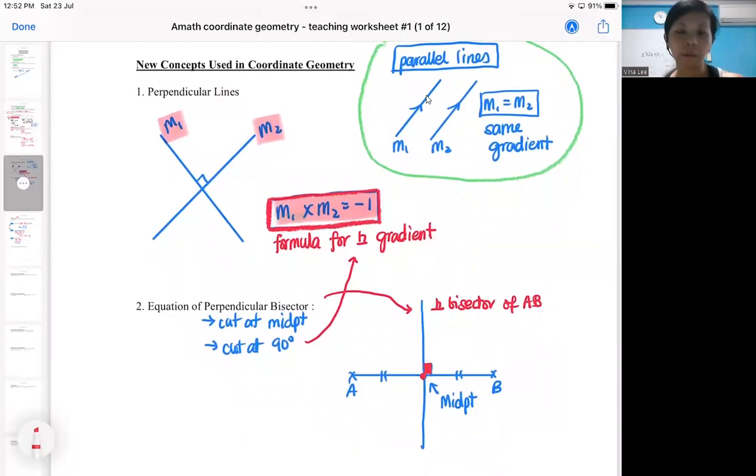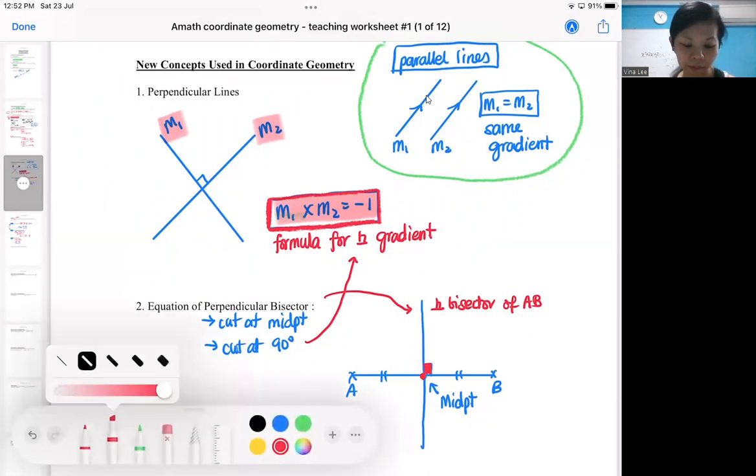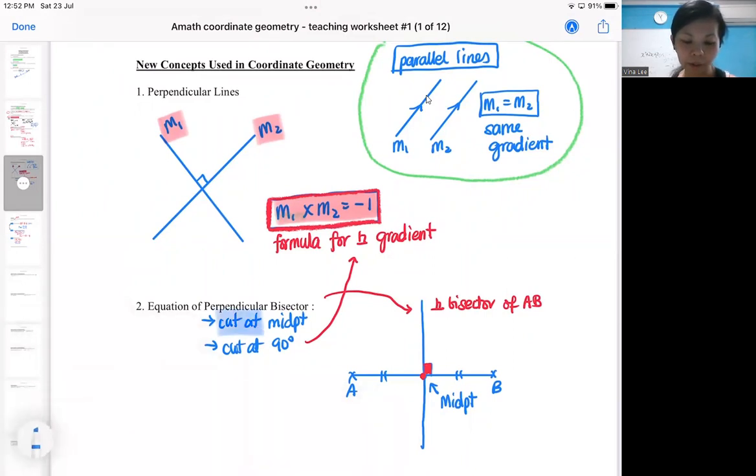And in this topic, one of the key basic things will be to get the equation of a perpendicular bisector. So there are 2 features of the perpendicular bisector that you need to know. It cuts at the midpoint. Because it cuts at the midpoint, we will be using the midpoint formula. And because it's going to cut nicely at 90 degrees, we will be using the formula for perpendicular gradient.